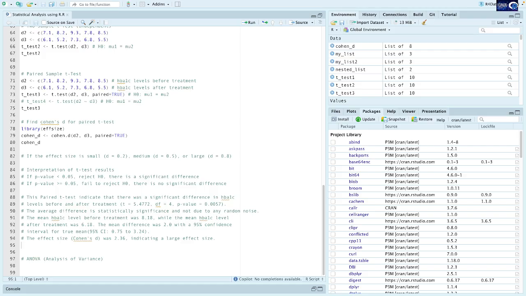This suggests that at least one group mean is different from the others, and the post-hoc Tukey's HSD reveals the group B has a significantly higher mean compared to group A and group C.